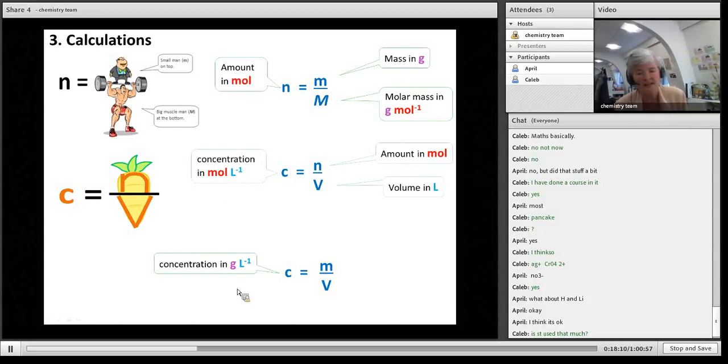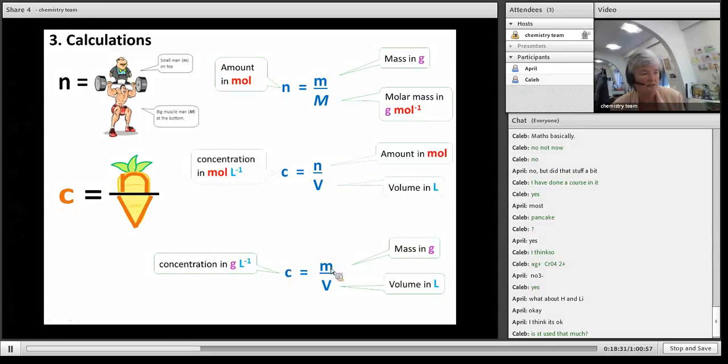They would have to say, calculate the concentration of blah, blah, blah in grams per liter. So they would have to specify if they wanted that. So you take the mass and you divide it by the volume in liters. So those are things you should have come across last year, perhaps not this equation, but this equation is just simply, you can see grams per liter, grams over a liter.